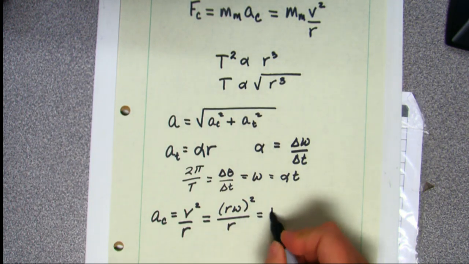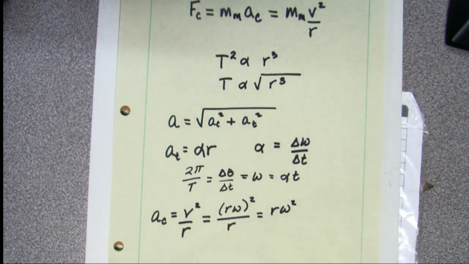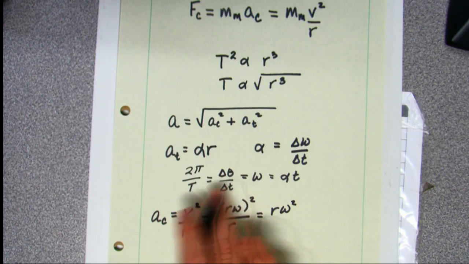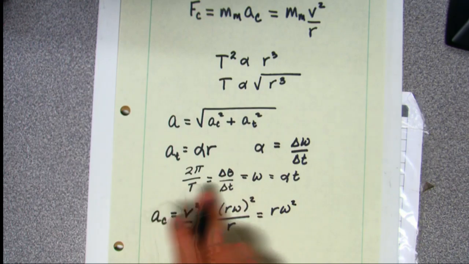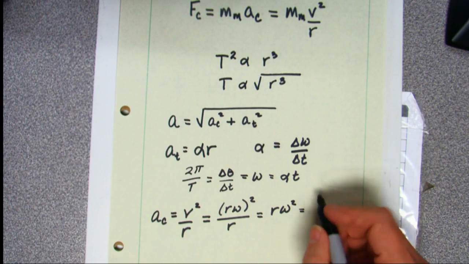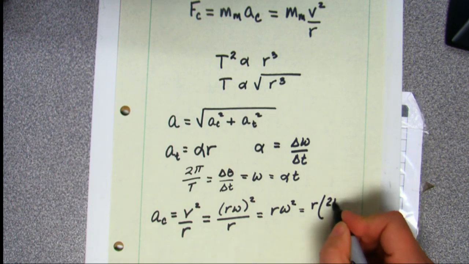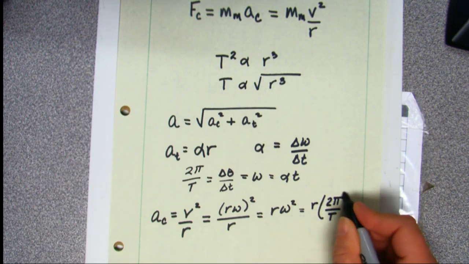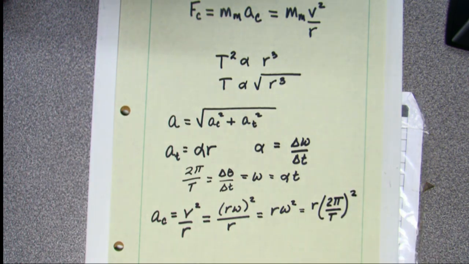So this becomes r omega squared. But we just showed that omega is this 2 pi over there. So this becomes r times 2 pi over the period squared. So now that becomes r 4 pi squared divided by the period squared.